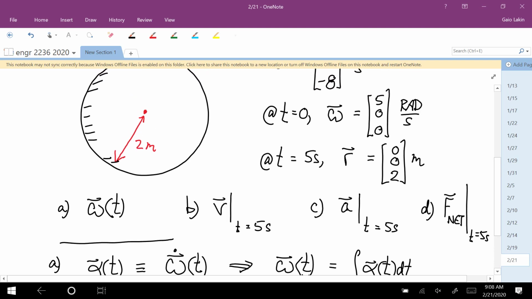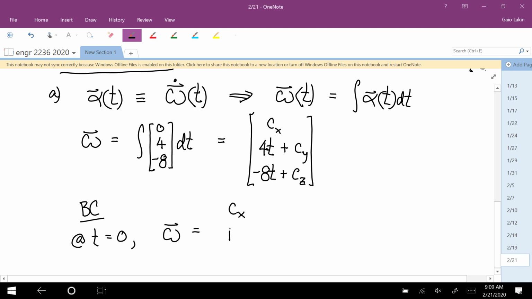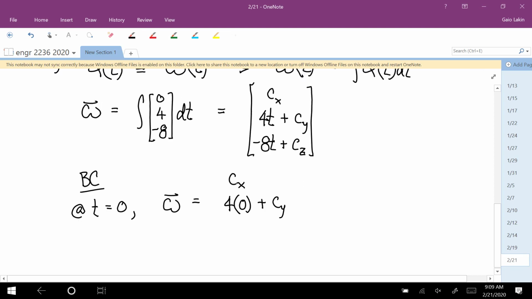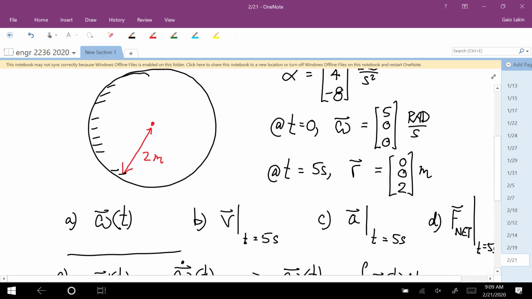The boundary condition we're given for omega is that at time equals 0, omega is 5, 0, 0.